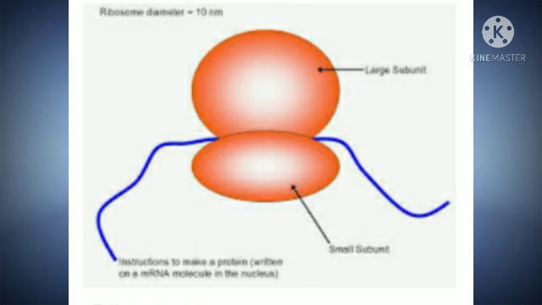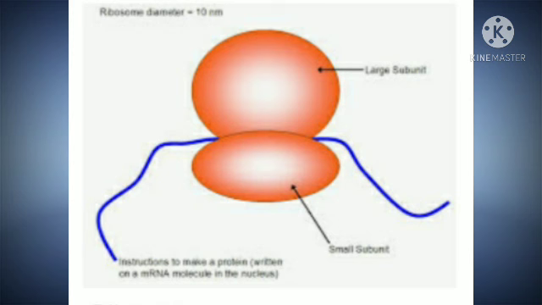70S ribosomes and 80S ribosomes are the two different types of ribosomes. S stands for Svedberg unit, that is sedimentation coefficient, a measure of density and size. These ribosomes consist of two subunits.